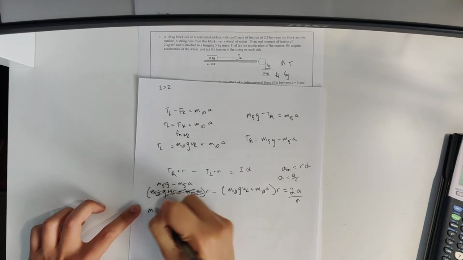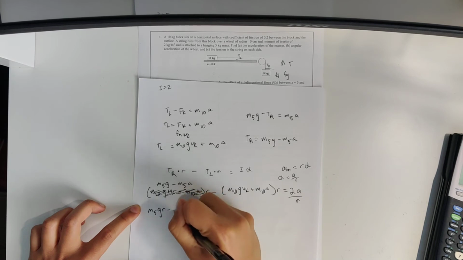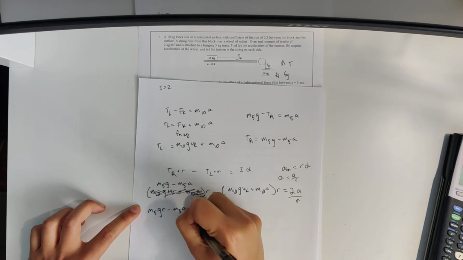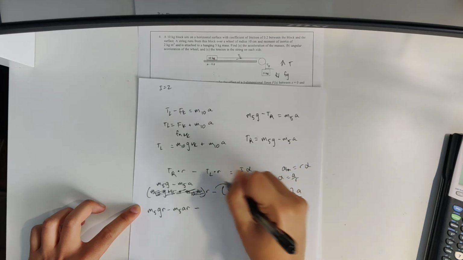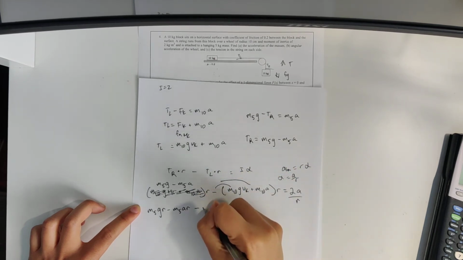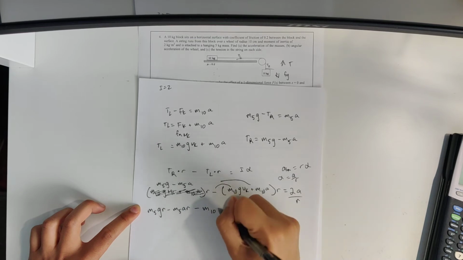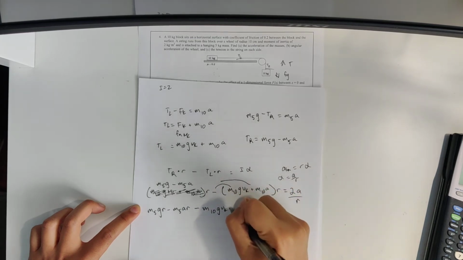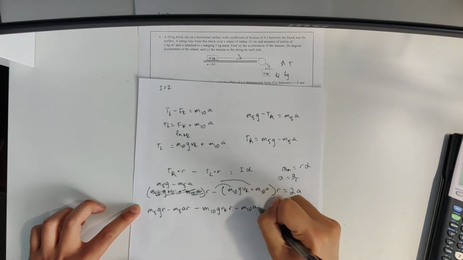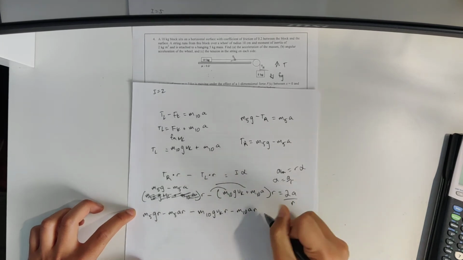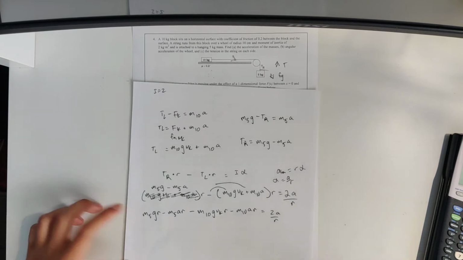We're going to have M5 G R minus M5 A R minus, remember to distribute the negative sign too, M10 G mu K R minus M10 A R. That's going to equal 2A over R.